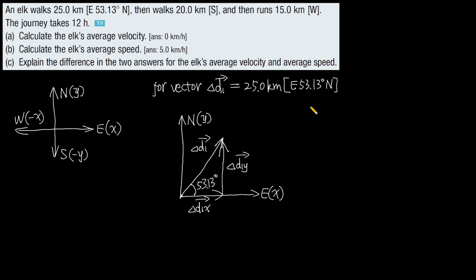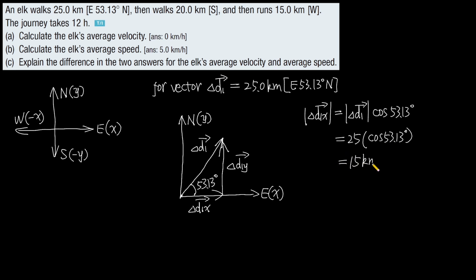Now from this graph, we can know the magnitude of the vector delta D1x equals the magnitude of vector delta D1 multiplied by cosine 53.13 degrees, and this equals 25 multiplied by cosine 53.13 degrees, and this equals 15 kilometers.